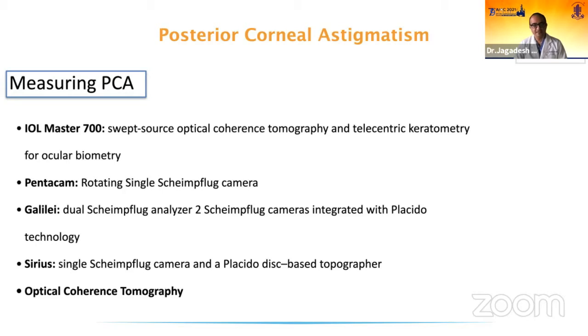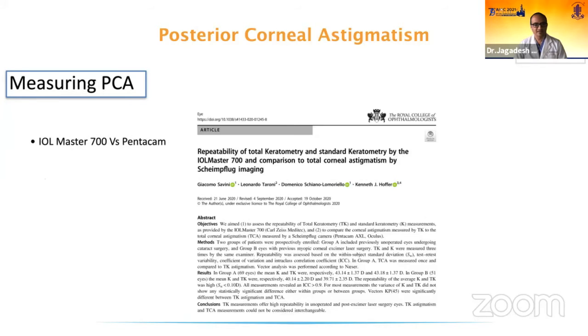The devices available for measurement are the IOL Master 700, Scheimpflug imaging systems like the Pentacam, Galilei, Sirius, and optical coherence tomography. Looking at how these measurements compare among devices, a recent study compared the IOL Master 700 and Pentacam.